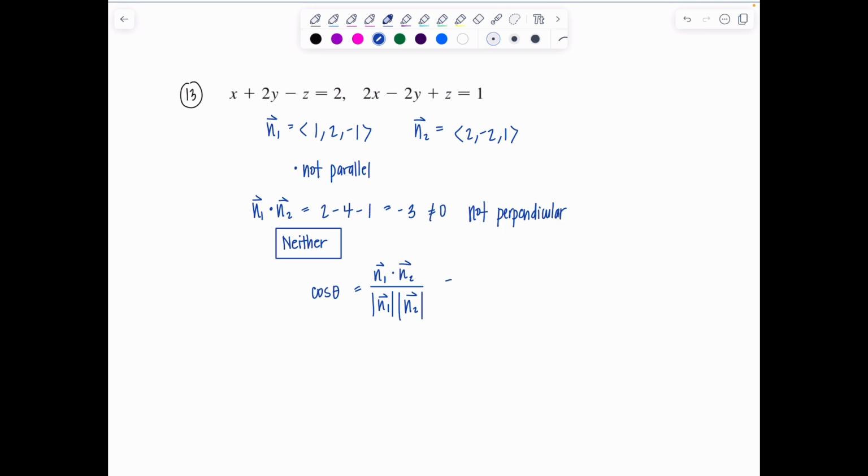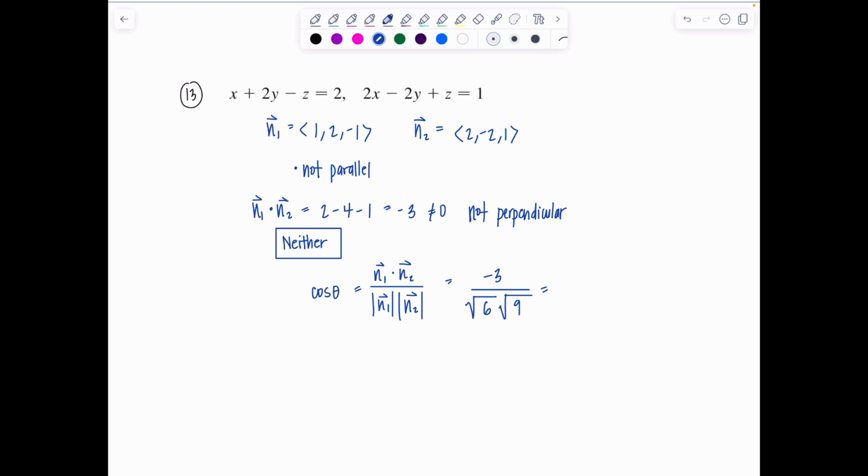So N1 dotted with N2 is negative 3 over square root. So magnitude of N1 would be square root of 1 plus 4 plus 1, so square root of 6. And then magnitude of N2 is square root of 4 plus 4 plus 1, so square root of 9, which is 3.